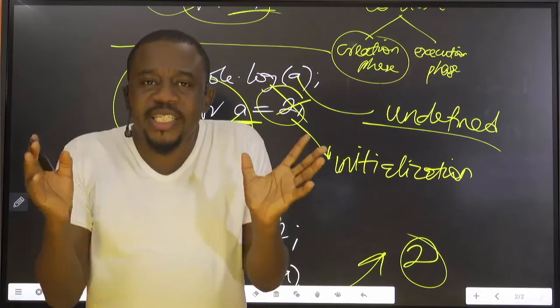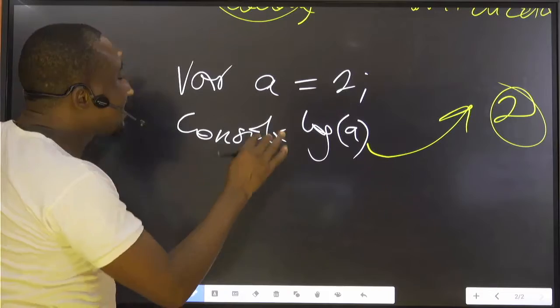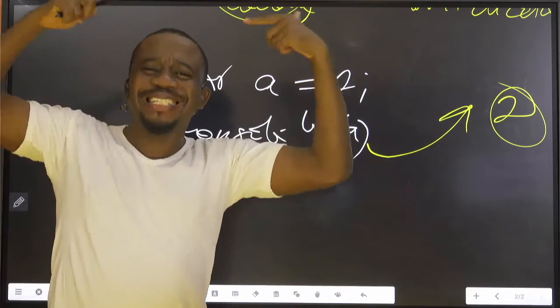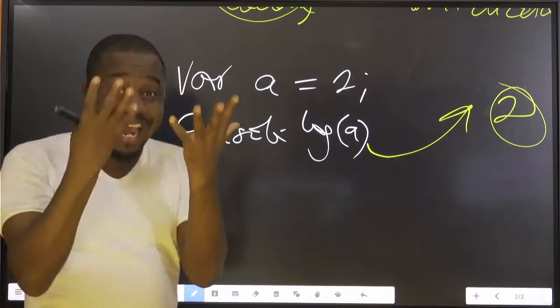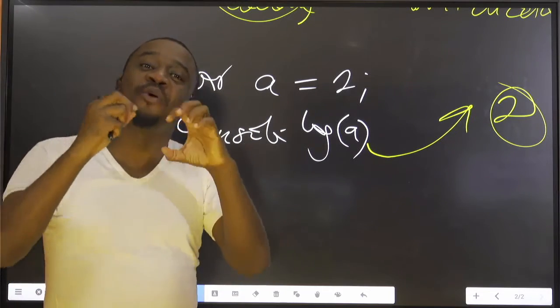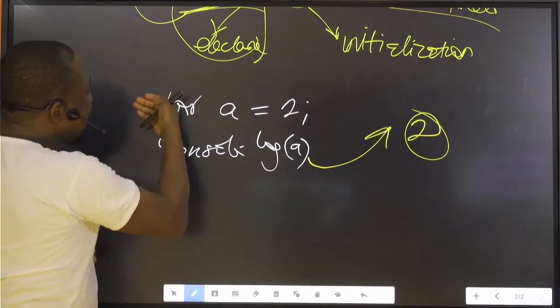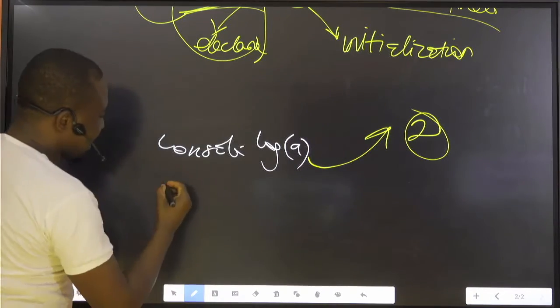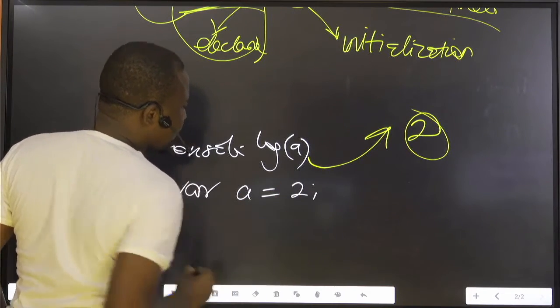Okay? So what is the meaning of that? It means that what JavaScript is writing for you behind the scene is not what is seen. Remember, you did not put this one here originally. You said var a equals to 2, for instance.